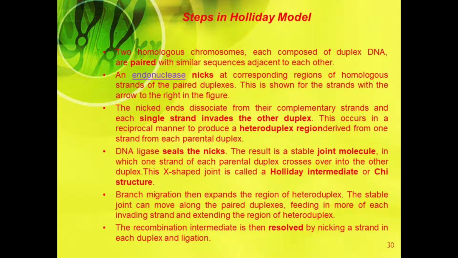Branch migration then expands the region of heteroduplex, and the stable join can move along the paired duplexes, feeding in more of each invading strand and extending the region of heteroduplex. The recombination intermediate is then resolved by nicking a strand in each duplex and ligation.